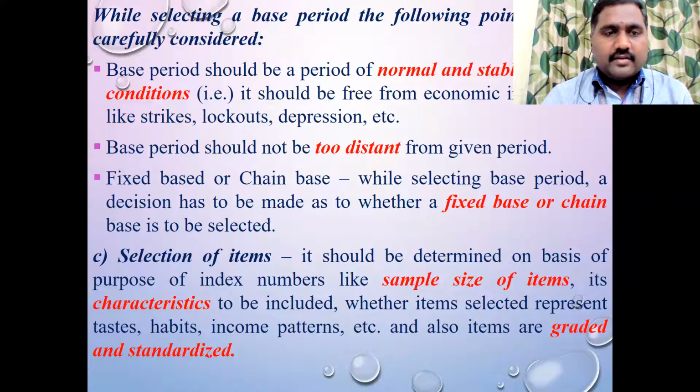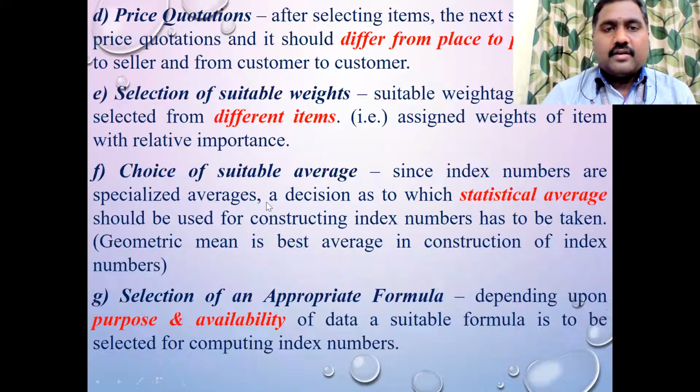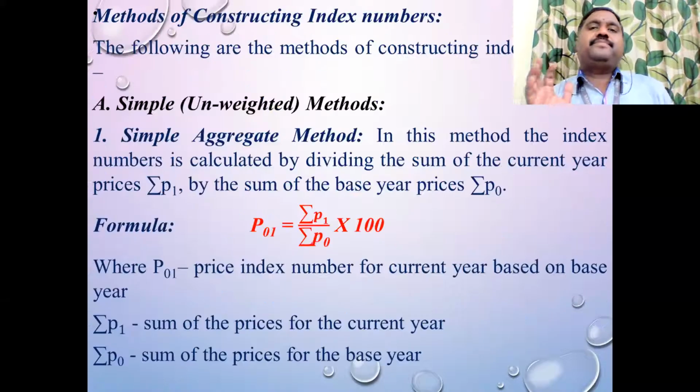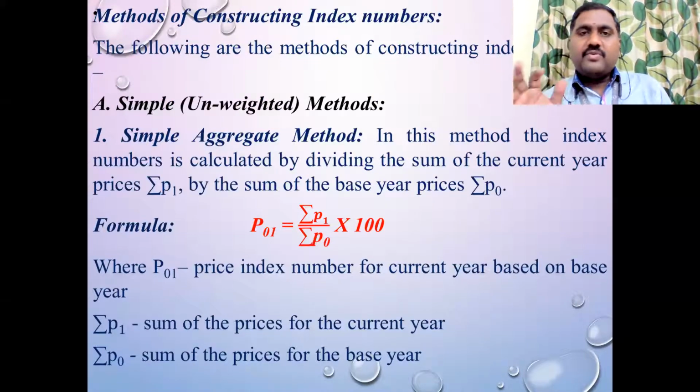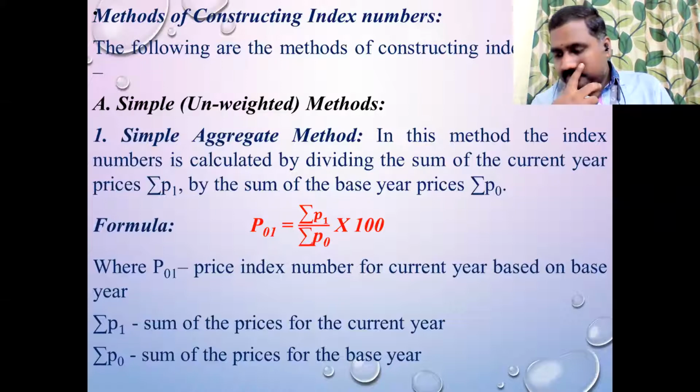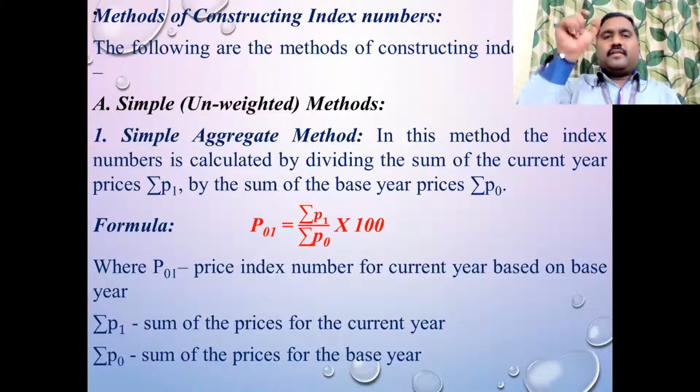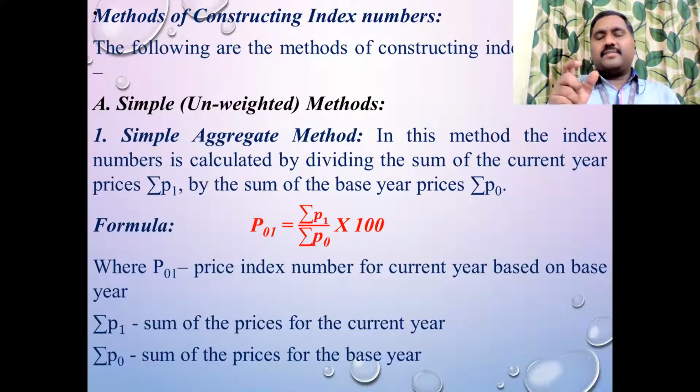Okay, now guys, please take your note and write the chapter number. Unit 5. Please everyone take your note, write unit number 5, title of the unit, index number. And then below that, write methods of index number. We have two methods, I already told you, right? Simple method, which is also called unweighted method.